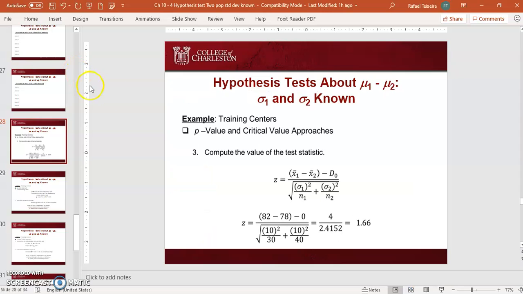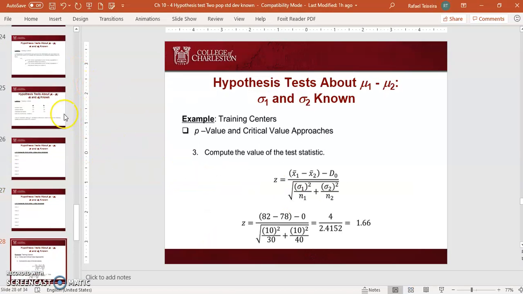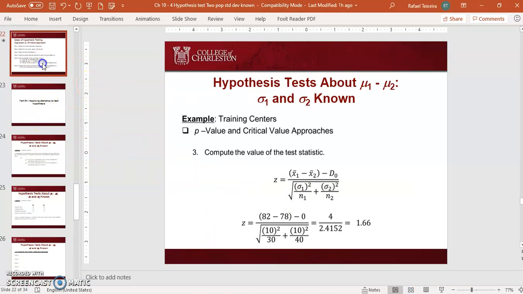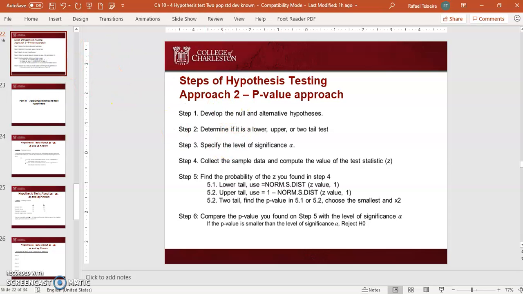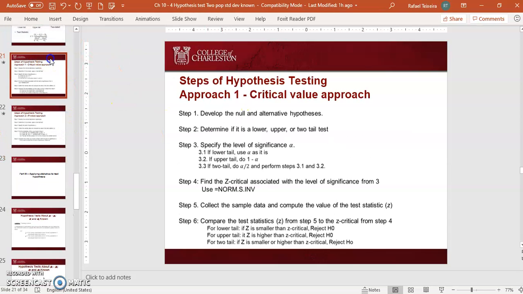Okay, now I have that. So you see I did all the steps up to this point. Now I have to compare the z from this step with the z critical. It is two tail.